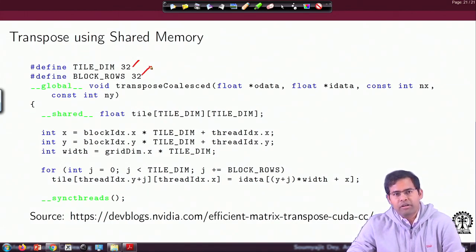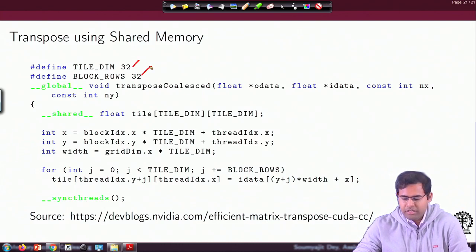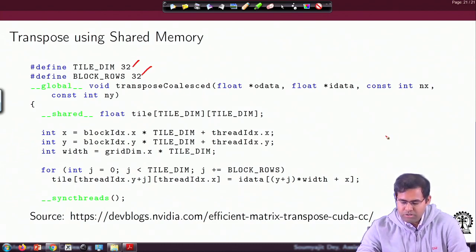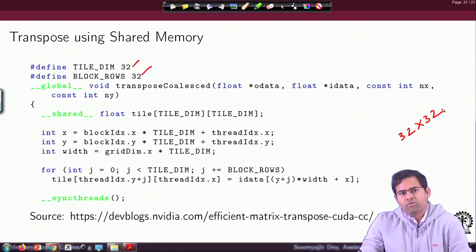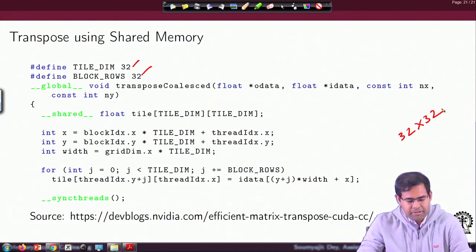We define a tile dimension, and in this case we are considering 32 cross 32 size tiles. When we talk about the size of the blocks in this example, we are again considering the number of rows in a block to be also 32.